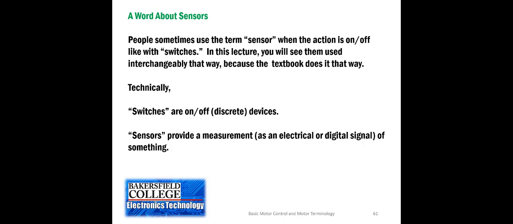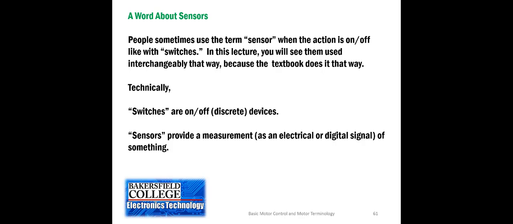One thing to talk about is the word sensor is used so many different ways by so many different people. In theory, a sensor is a device that takes a measurement, that gives an actual digital signal or an electrical signal of the actual measurement. How many degrees Fahrenheit? How many gallons per minute of flow rate?